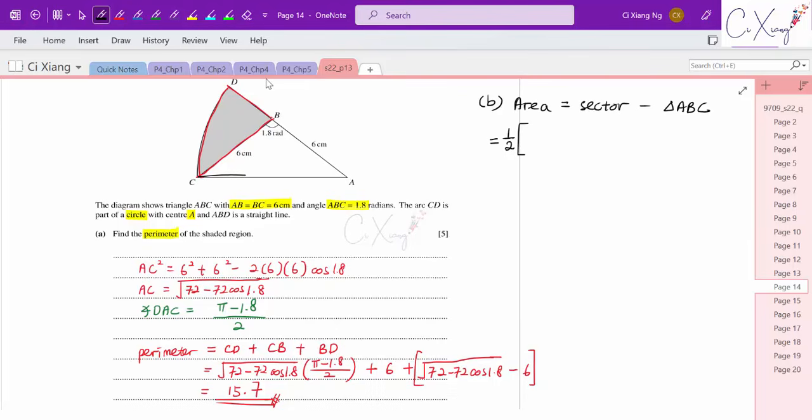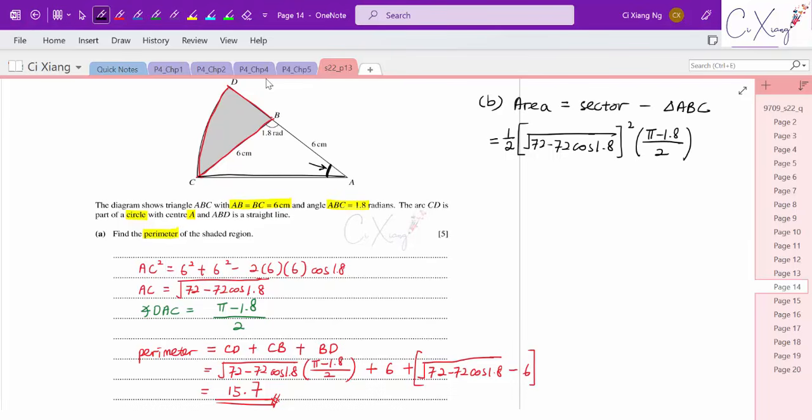R is basically the length of AC, therefore I have the square root of 72 minus 72 cos 1.8. This is my r, and then I have to square it. So this is half r squared theta, and the theta is the angle that we found just now, which is (pi minus 1.8) divided by 2.